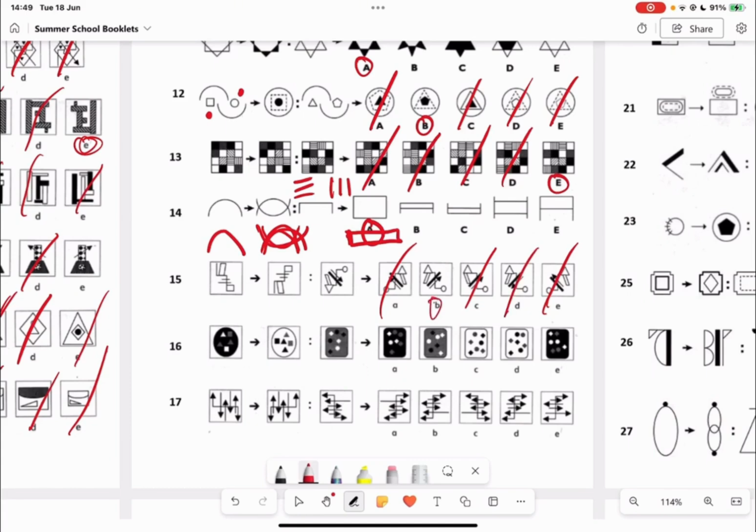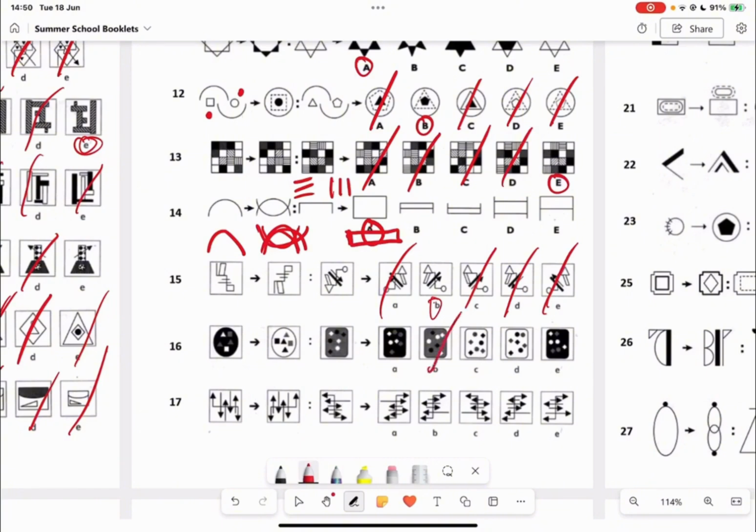Question 16 is looking at an oval that remains unchanged, but the colour changes. So it changes from black to white. So we can expect a colour change to black, because it goes from black to white, then white to grey, and then grey will turn to black.